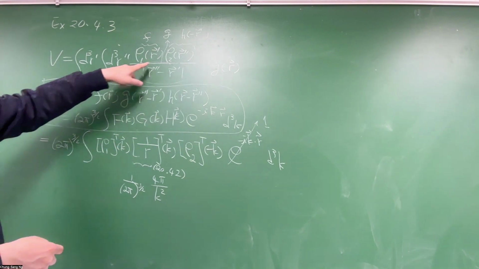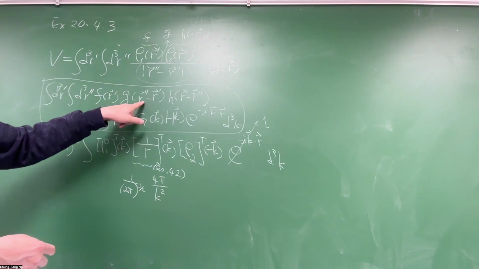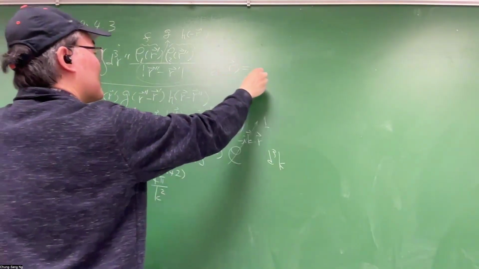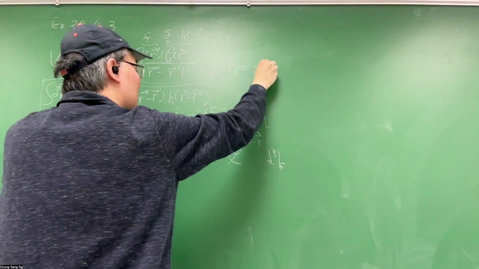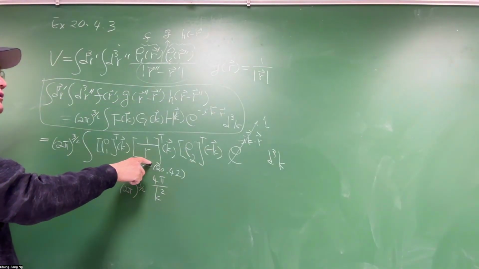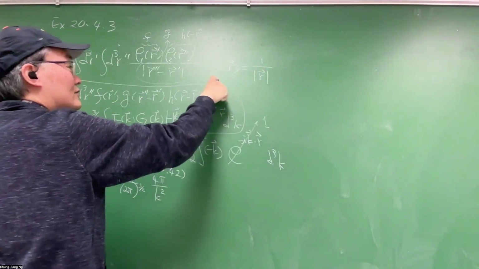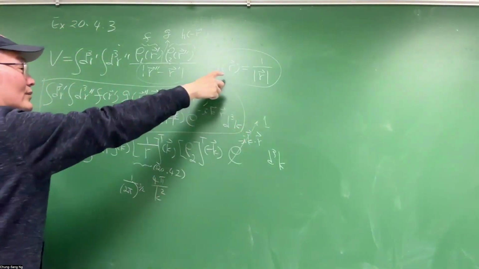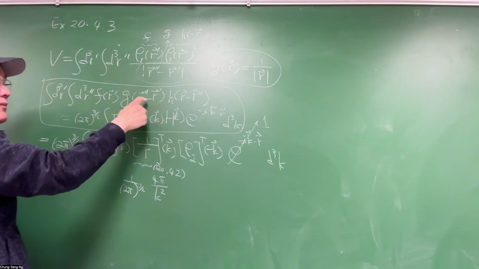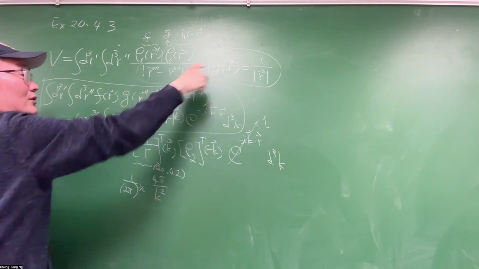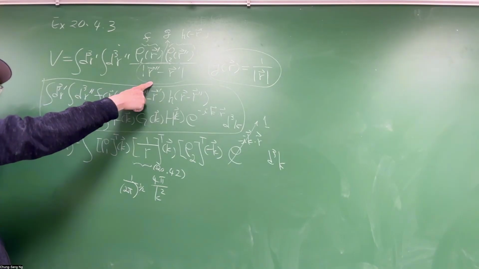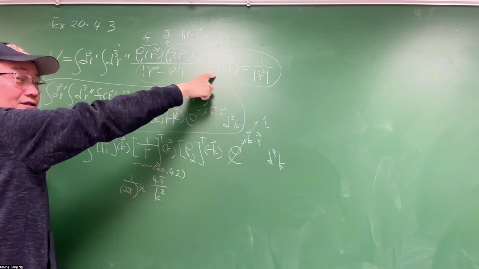You identify this as a function G using the argument r double prime minus r prime, because we define the G, like compare this with that, as the magnitude of this argument, which is the radial coordinate anyway. So this is the G function. But now we evaluate this G function at this specific argument, r double prime minus r prime. So this goes in here, which is just this one. It's okay. So the function itself is this one.